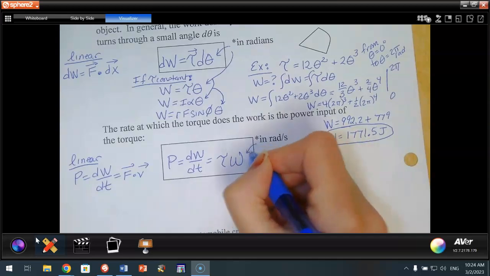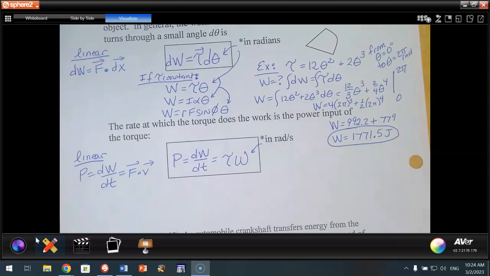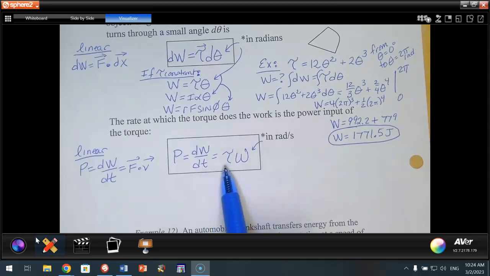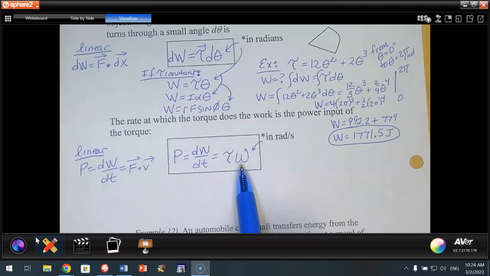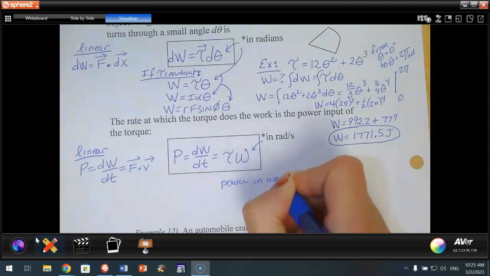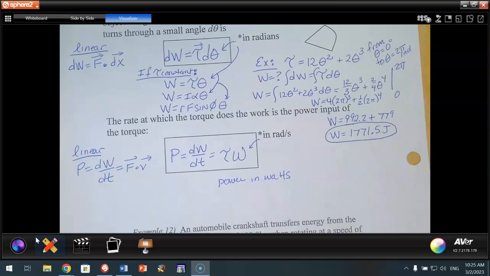And this is, again, one of those things that has to be in radians. So I can find the power by taking the torque in Newton meters times the speed that it's rotating in radians per second, and that's another way that I can find it. And power is measured in watts, just like it was before.